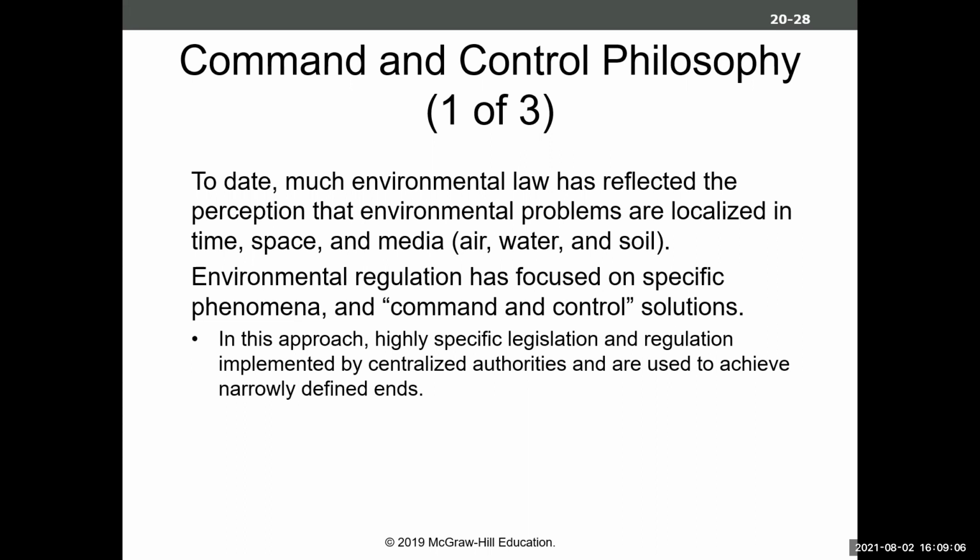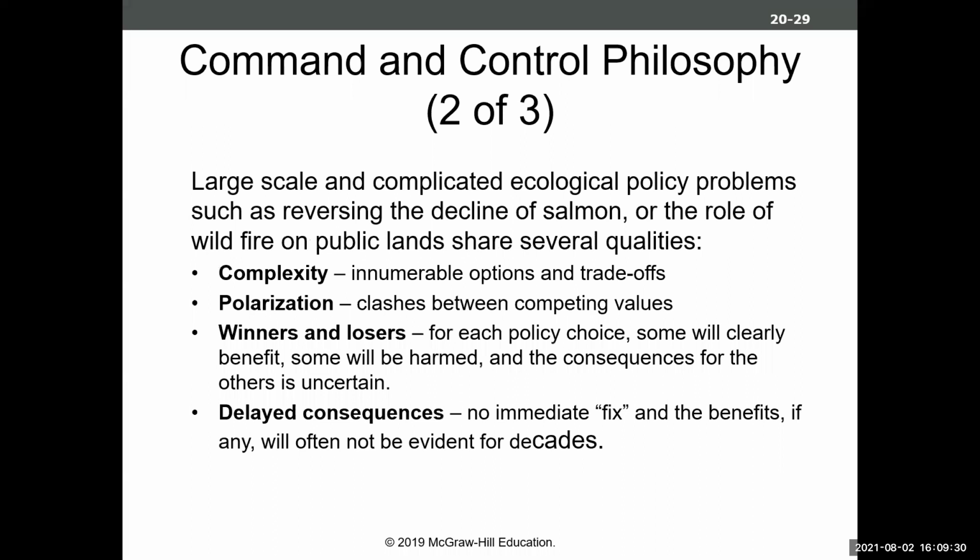We've talked about this before. And so environmental regulation has a focus on specific phenomena and has these command and control solutions, right? Where we have specific legislation and regulation that are used to achieve the ends that we're trying to get with this specific environmental policy.